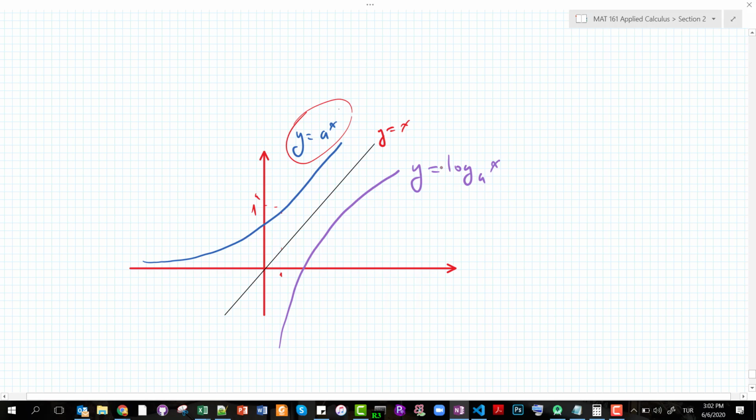So the graph of the logarithm function will be symmetrical about the y equals x line to the function y equals a to the x. Here this is the value, which is 1, and if you put a here, a will again give you the value 1. That is how you are going to calculate the logarithm function.